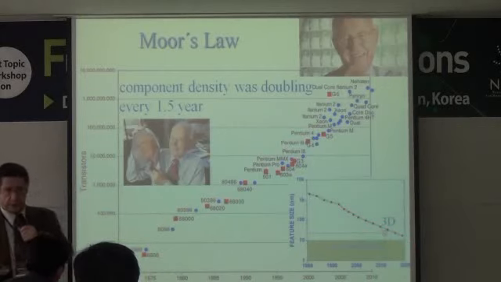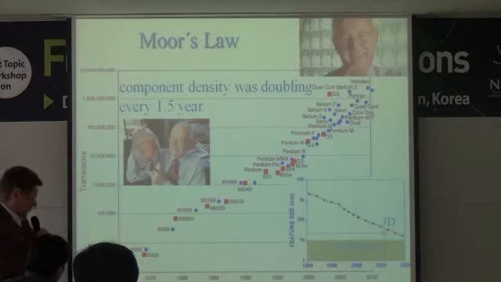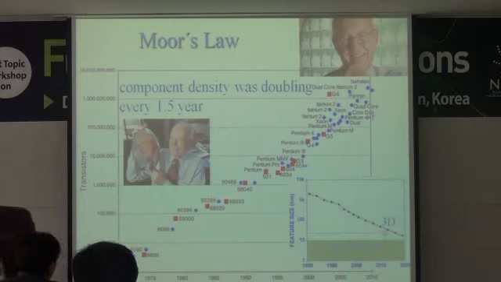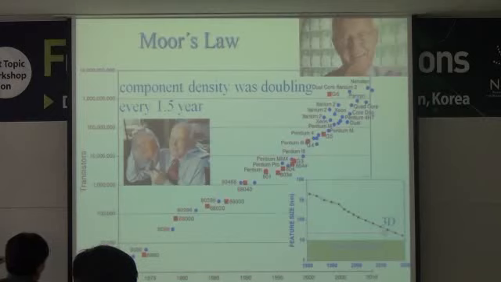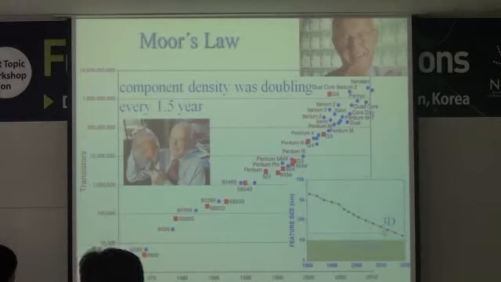But what is the limit? The limit is, of course, the atomic size or molecular size. Today there are experiments with a transistor of one molecule, but that is a limit. The classical transistor should have at least one molecule to operate.